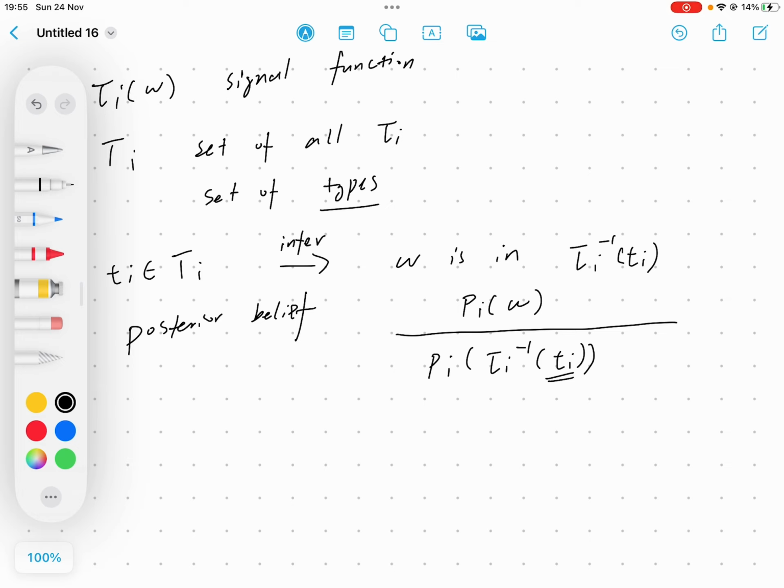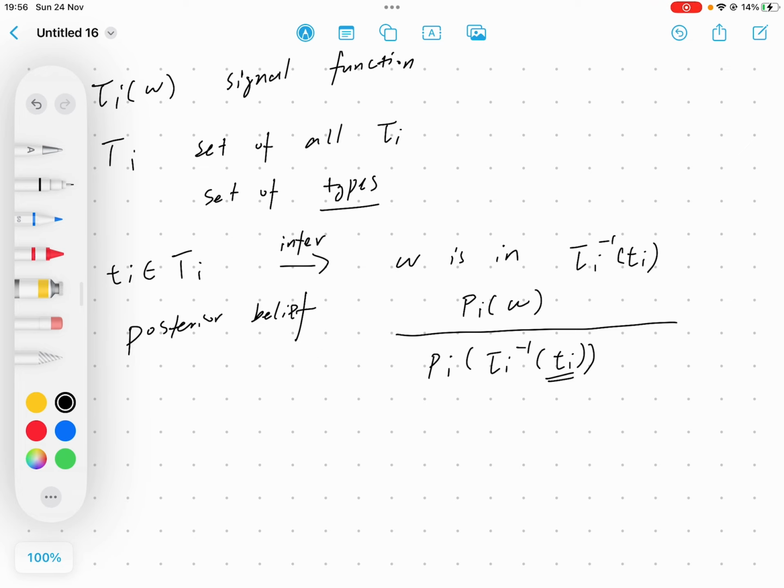So we use this ratio to represent the probability that the state is omega and it sends out this ti, divided by all the probable cases. That's just an application of the Bayes rule.